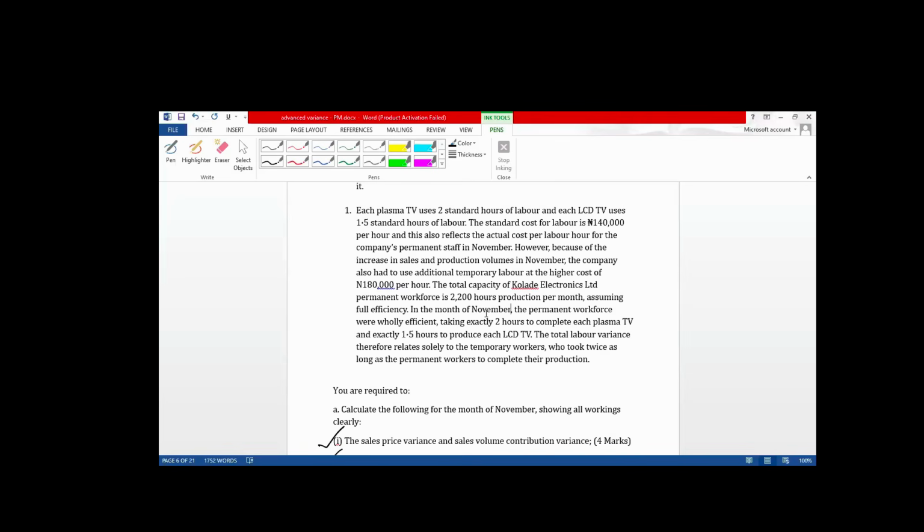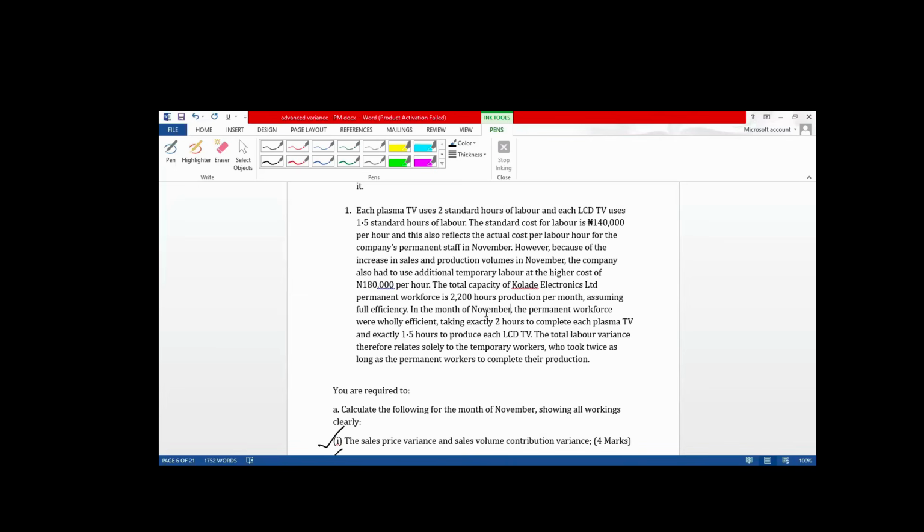Our staff are doing well. The problem is the temporary staff. The total labor variance therefore relates solely to the temporary workers who took twice as long as the permanent staff to complete their production.